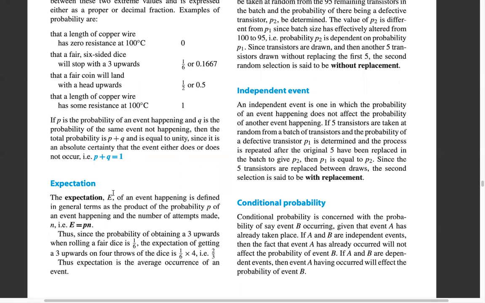So in a week of 7 days, your expected number of days you're going to come late is half of 7, which is 3.5. So that's the idea of expectation.